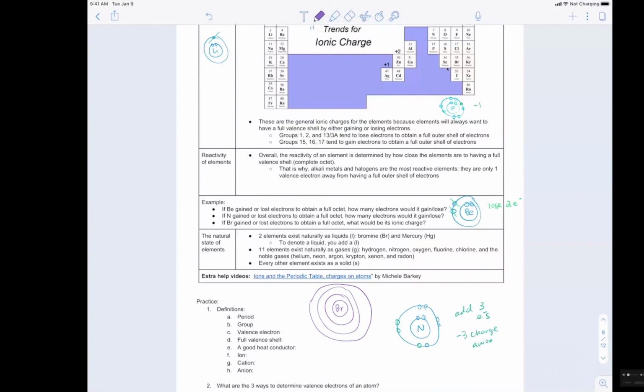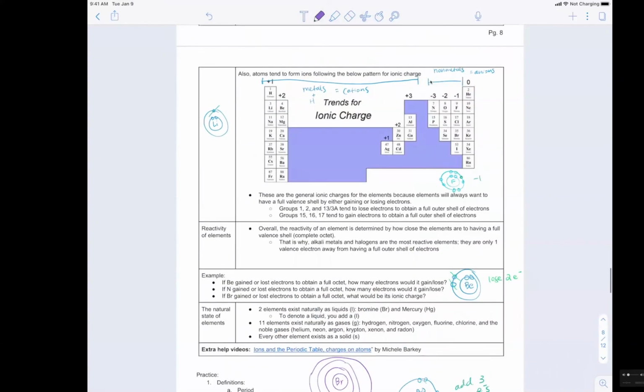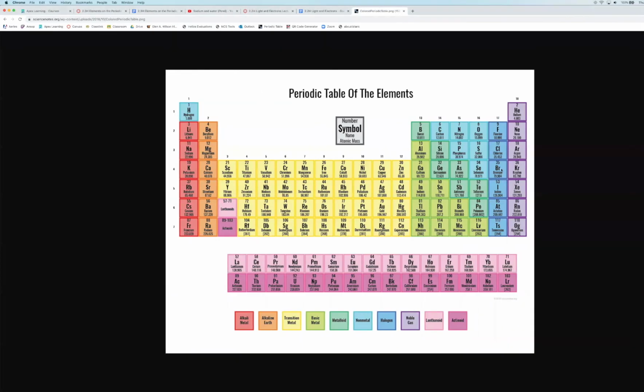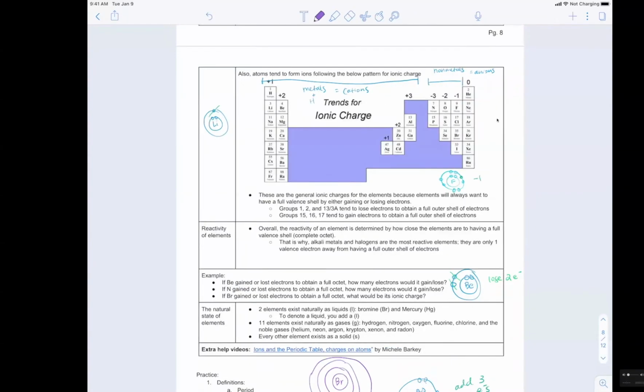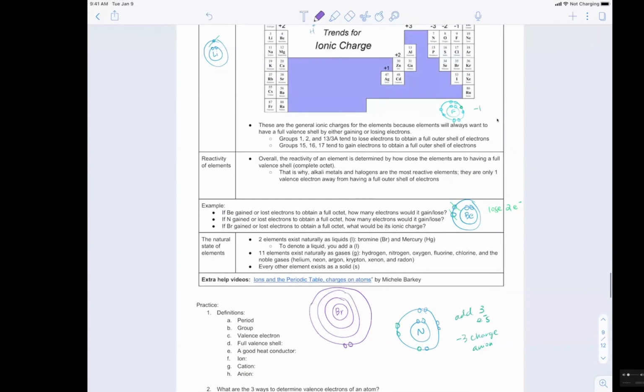And then I can just draw out the valence electrons that bromine has in that 4th ring. So bromine is in group 17, so it has 7 valence electrons. So I know it has 1, 2, 3, 4, 5, 6, 7 valence electrons.